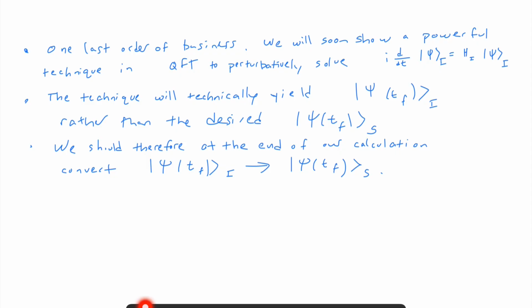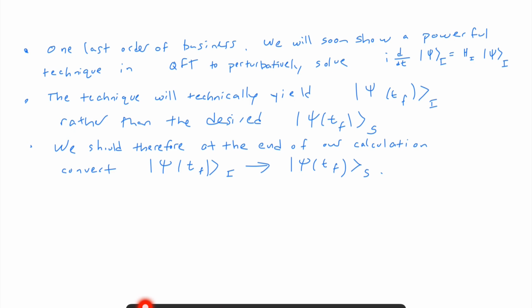So we should, in principle, whatever technique we're going to use here, which I haven't gone over yet, once we use that to crank out what psi is in the interaction picture, after all of our interaction is done, we should technically have to convert that back to psi in the Schrödinger picture.